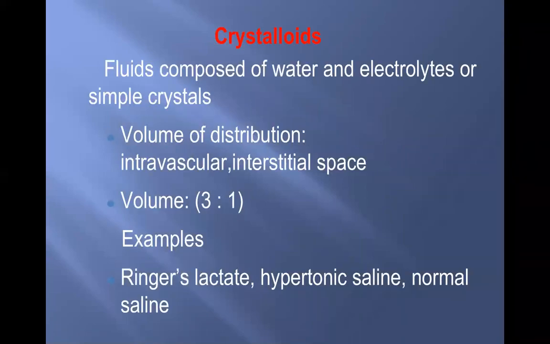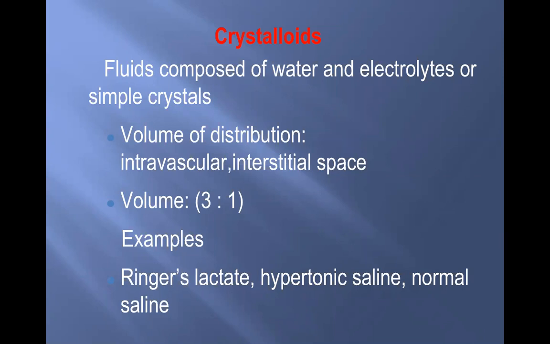Now we're reaching the two types of fluid, colloid versus crystalloid fluids. The crystalloid fluid is composed of water and electrolytes or simple crystals, like for example glucose. The volume of distribution of a crystalloid is between the intravascular and interstitial space.